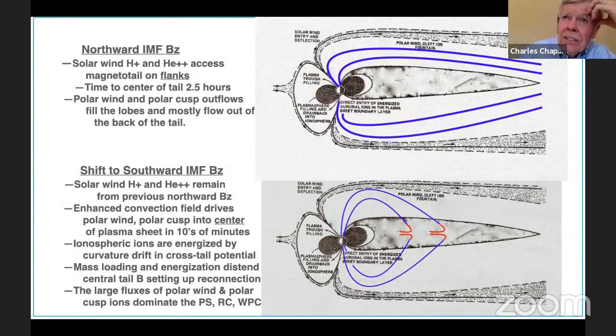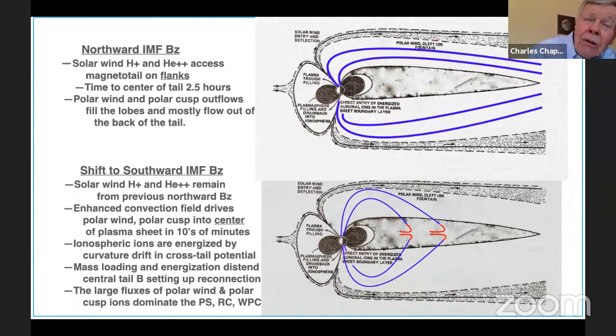They are energized and reconnection begins. And reconnection then causes precipitation. Particles are accelerated down into the atmosphere, the auroral zones on the night side. And then you're going to get backscattered electrons. You're going to have parallel electric fields that accelerate the ions in the auroral arc regions.